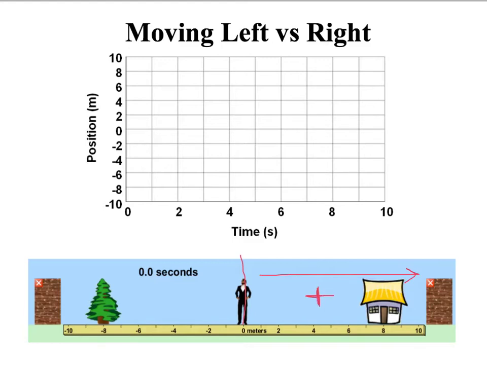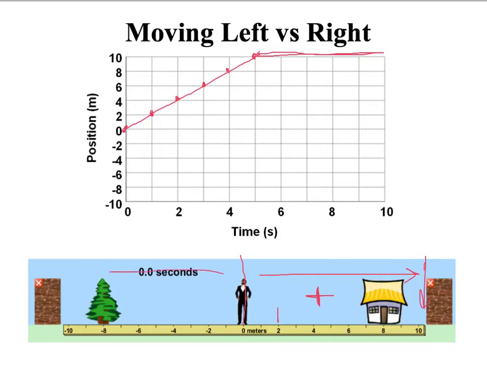So for example, if he's starting at 0, and at the time of 1 second we move him to a position of 2 meters, and then by 2 seconds we move him to position 4 meters. By 3 seconds we move him to position 6, then 8, then 10. What we'd have is a line like this. Then Abe would crash into the wall. He'd be standing still, so then we'd move to a flat line.